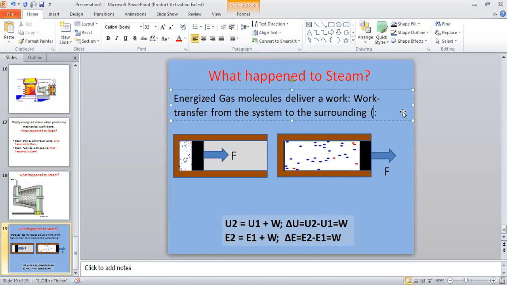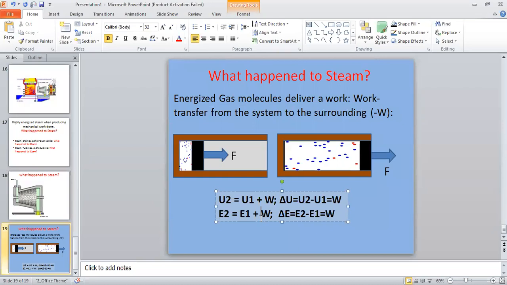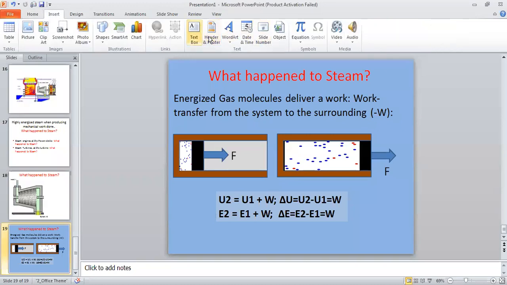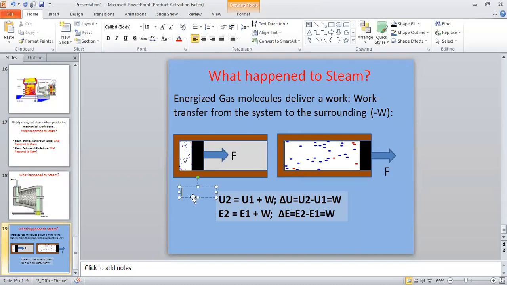So work transfer, W. This is minus. So this is state 1. I'm waiting for your answer. Put it into the text at least.